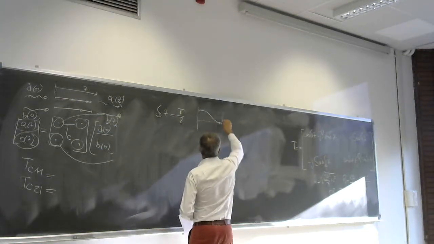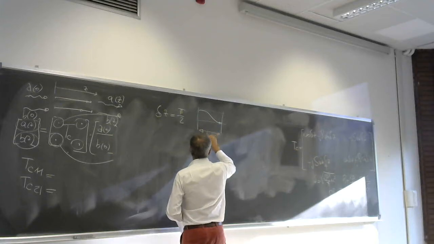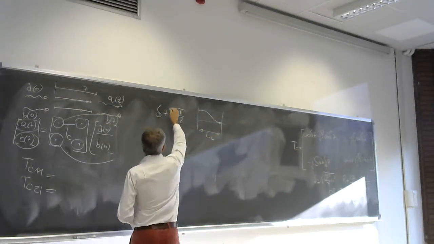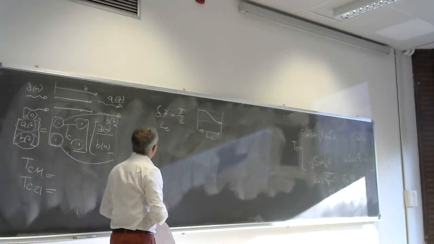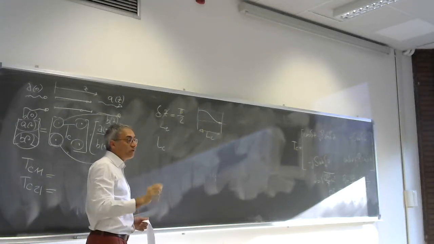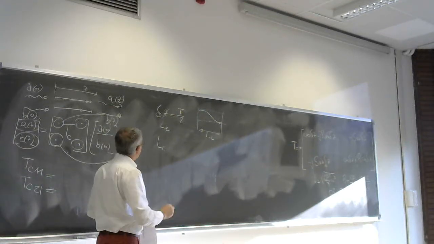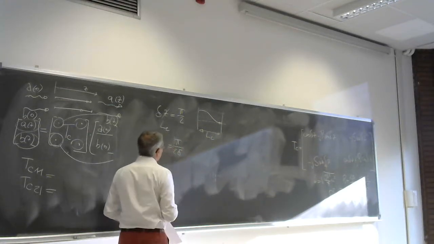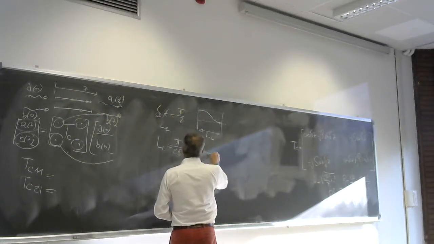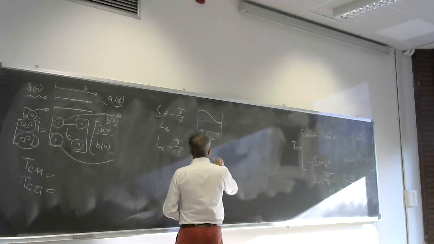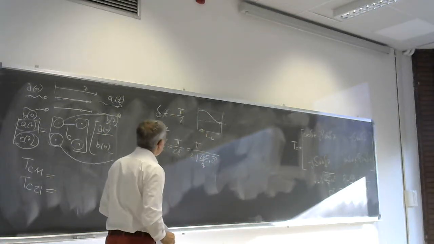And this length is called the coupling length. So we can write here LC. The coupling length, over which you have the transfer of the power, is pi divided by 2 delta, so pi divided by 2 square root of delta beta squared plus C squared.